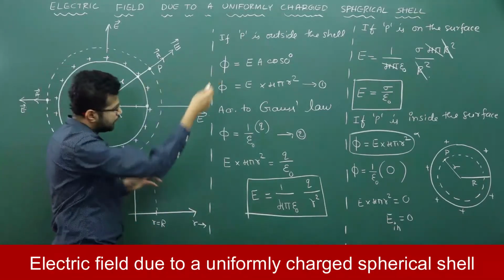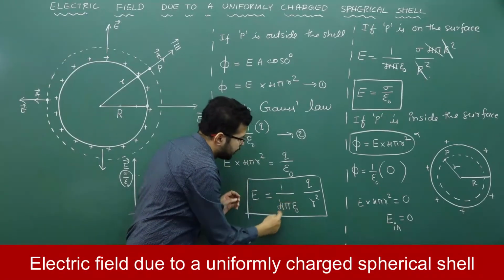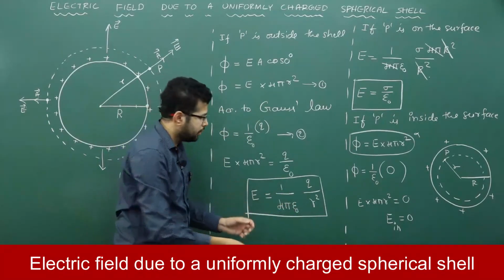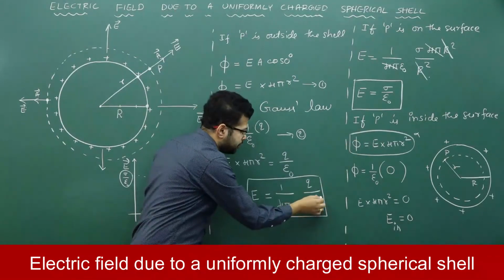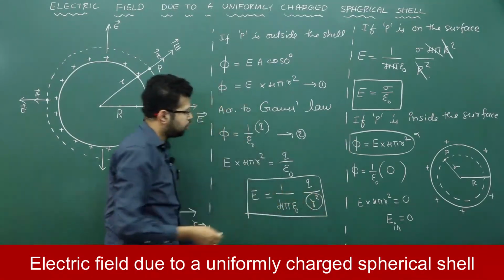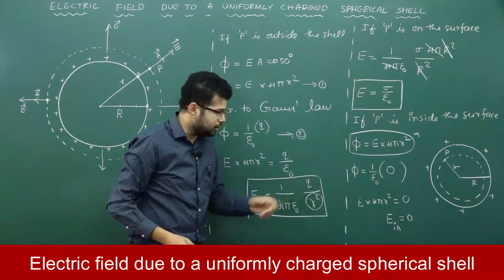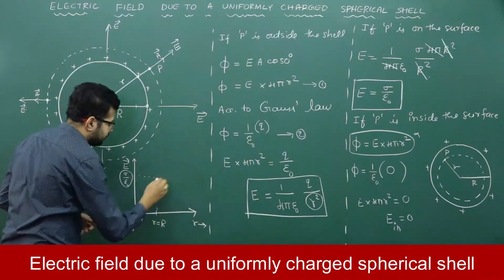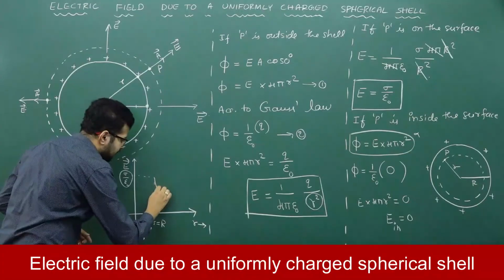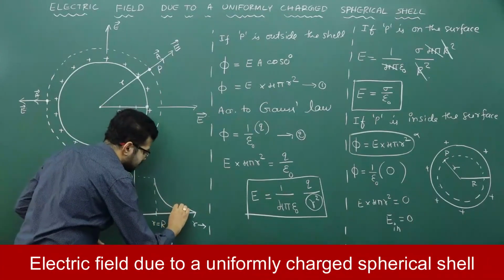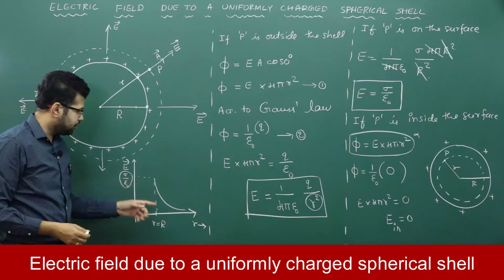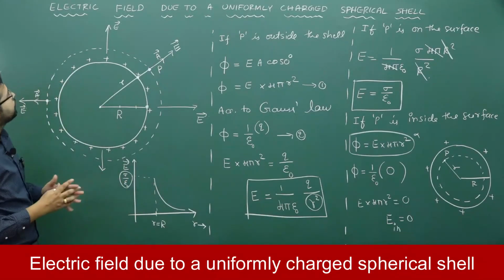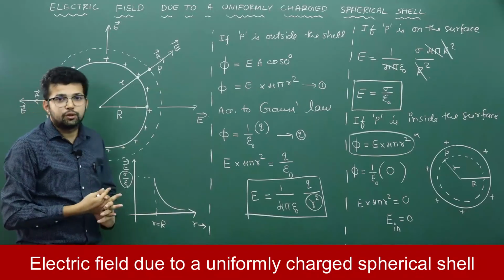If you consider a point outside, electric field is 1 by 4 pi epsilon naught into q by r square. That means, if you consider a point away from the surface, since electric field is inversely proportional to r square, as r increases, electric field decreases. As you go away, as r increases, electric field decreases. So, this is the variation of electric field with distance in the case of a uniformly charged spherical shell.